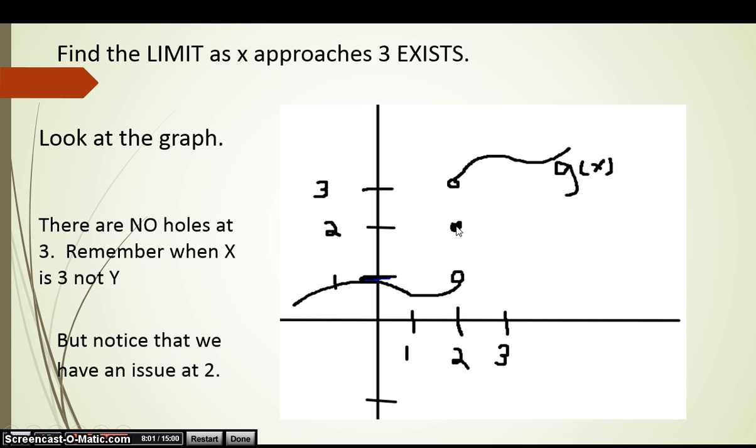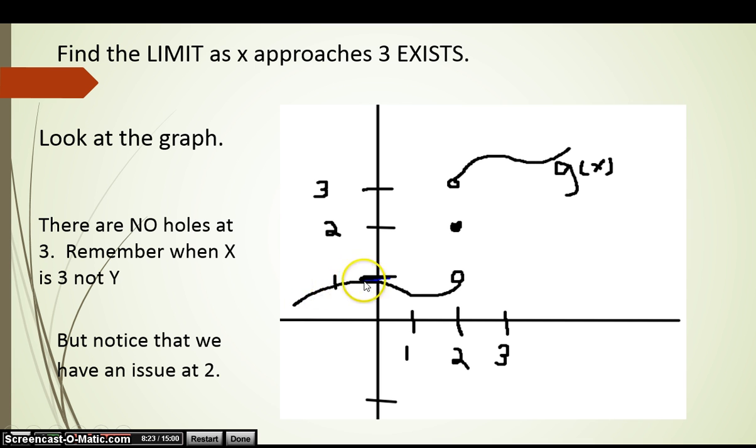But this point is very crucial. If I asked you, when x equals 2, what's our answer? At x equals 2, our actual number answer is 2. There is a point there at 2. When x equals 2, y equals 2.